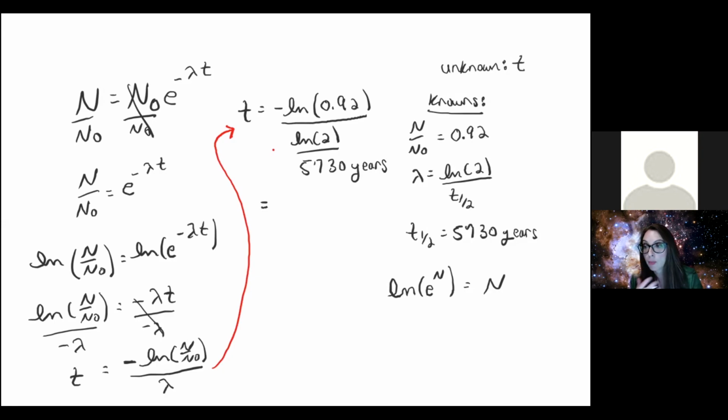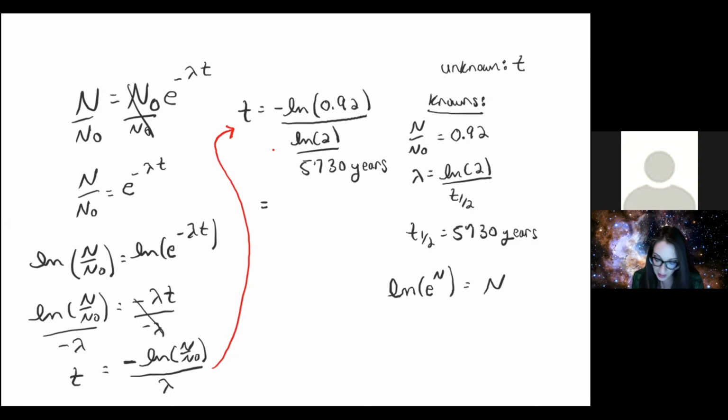The natural log of any number less than 1 is going to give you a negative number. Negative times a negative will give you a positive. So you're going to take minus the natural log of 0.92, which will give us a positive number, and divide it by the natural log of 2 divided by 5,730.